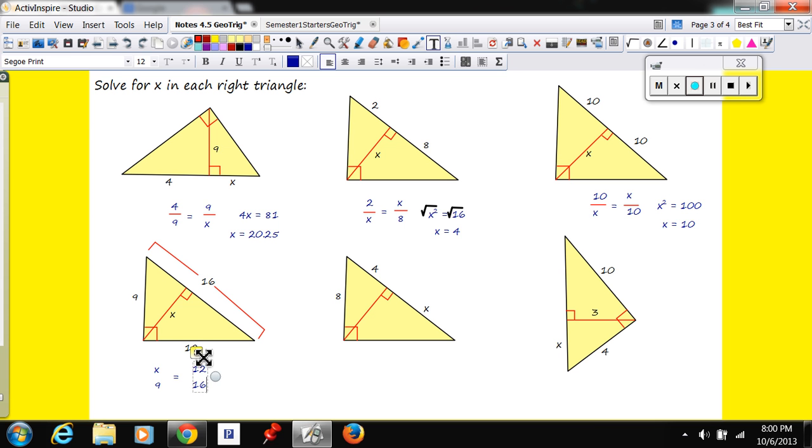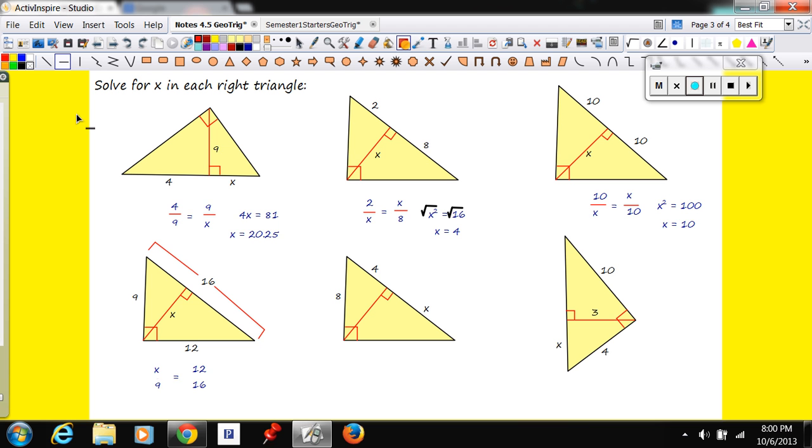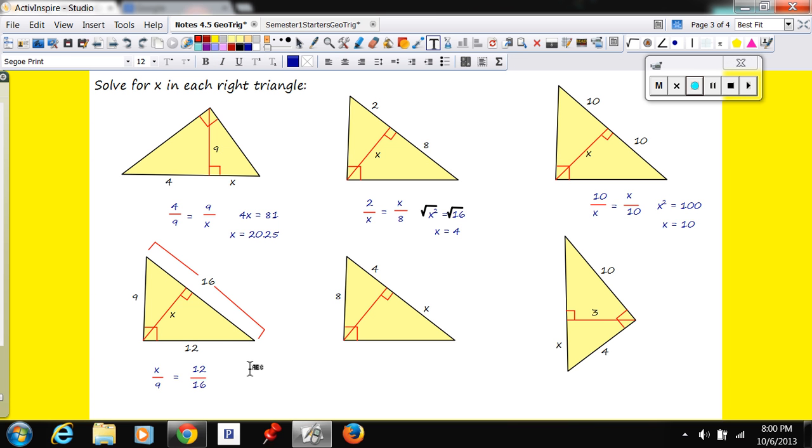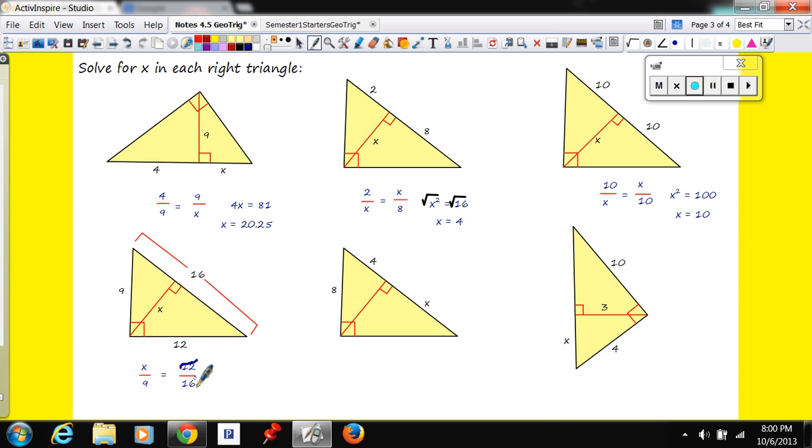Those two have to be equal ratios. If you're consistent and you know that triangles are similar, then you know the sides have to be proportional. So if I put the long leg over the hypotenuse in one triangle, then I can put the long leg over the hypotenuse in the other, and it will work out. So here I'd reduce this fraction, divide them by 4, and I get 3/4.